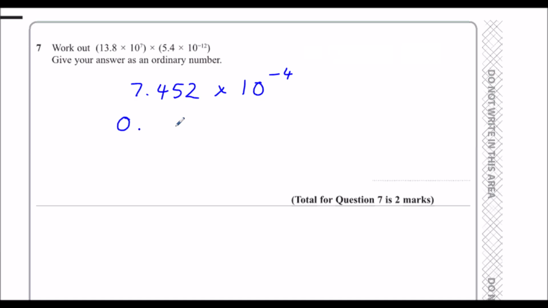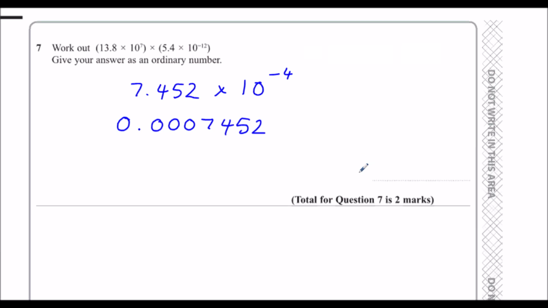That would give us 0.0007452. You can see if you have 7.452 and divide by 10 once, twice, 3, 4 times, you get this answer.